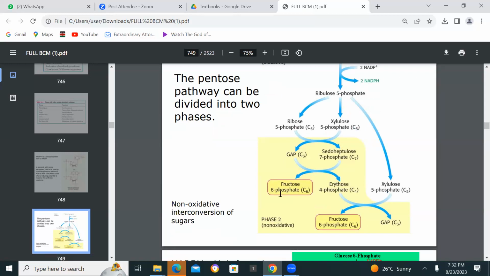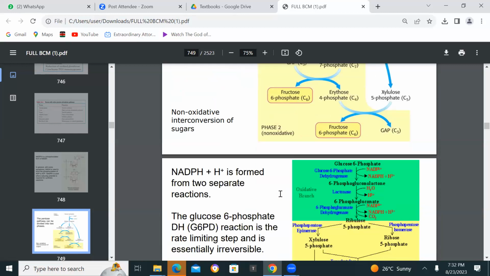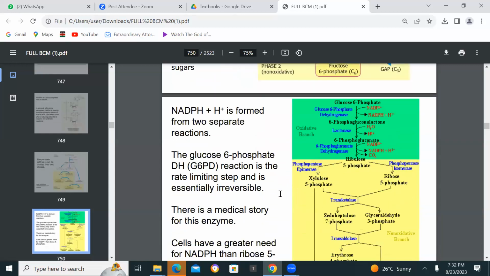They are generated in the non-oxidative phase. If you need the sugars for DNA and those replicating cells, then the first phase is more used.